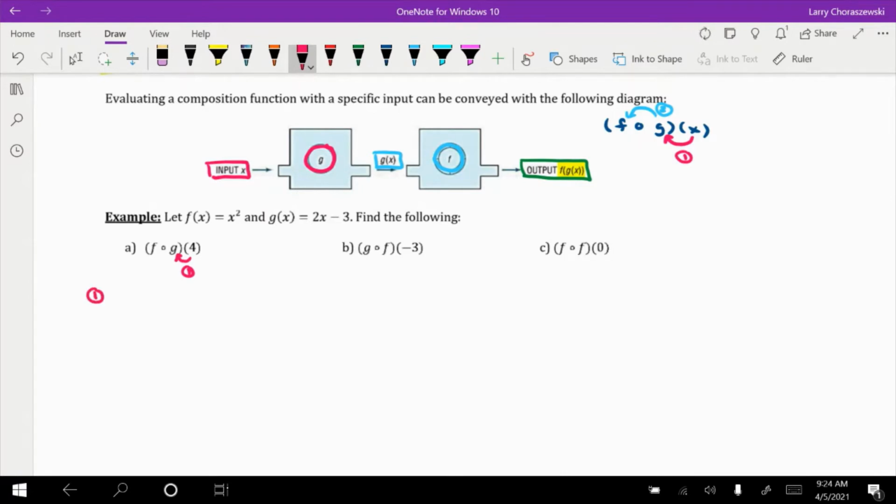It is kind of a two-stepper here. We're first going to figure out what g of 4 is. Now keep in mind the expression for g of x is 2x minus 3. So we would replace x with 4 to get 8 minus 3, which gives us 5. That 5 is going to get plugged into the function f of x now.